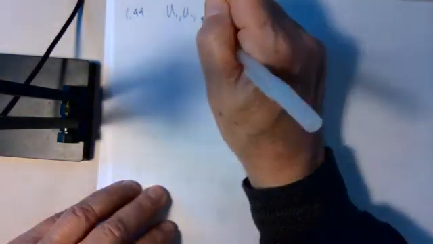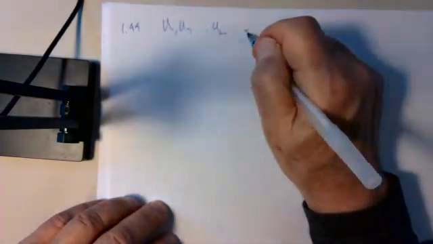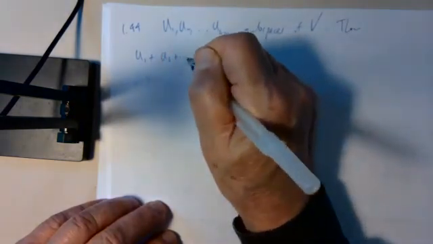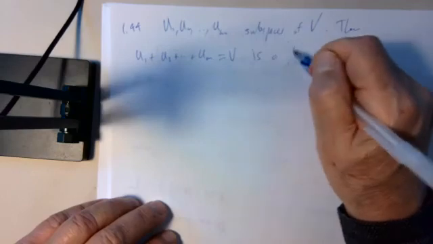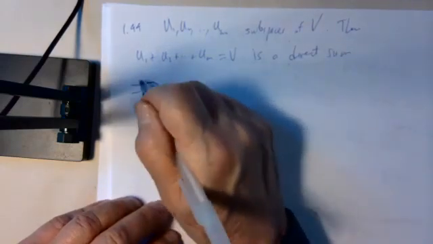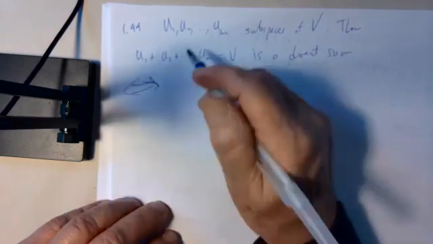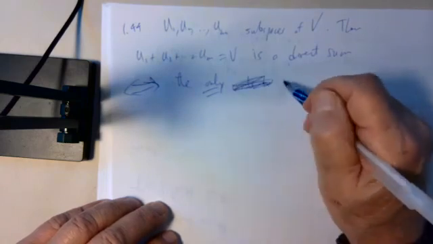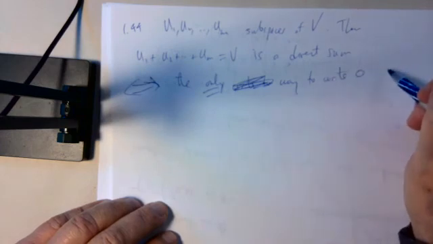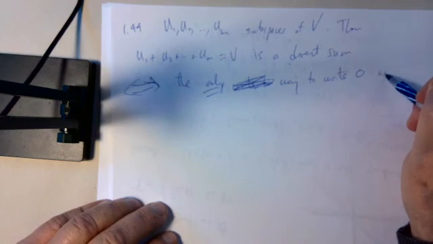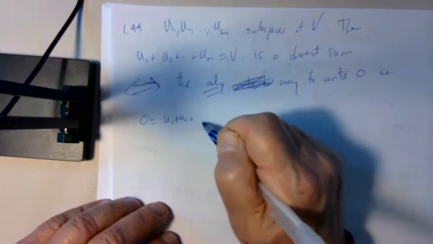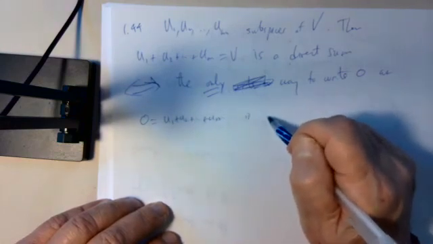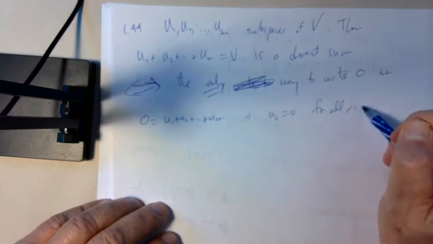So suppose we have U1, U2, up to U sub m subspaces of V, then U1 plus U2 up to U sub m equals V is a direct sum if and only if, that's what this double arrow means, the only way to write 0 as 0 equals U1 plus U2 up to U sub m is if U sub i equals 0 for all i going from 1 up to m.